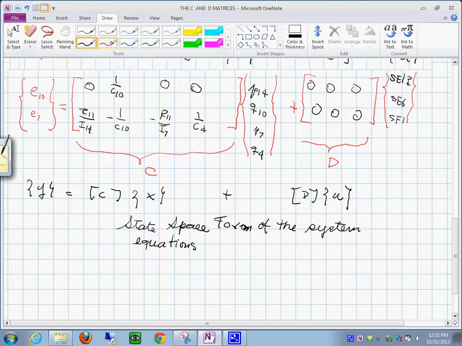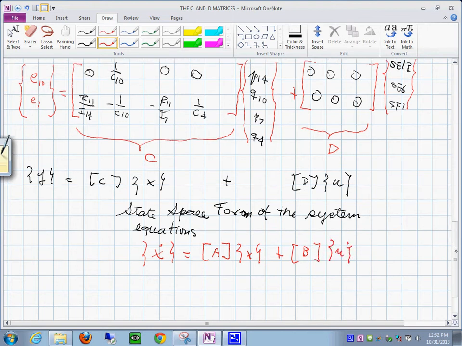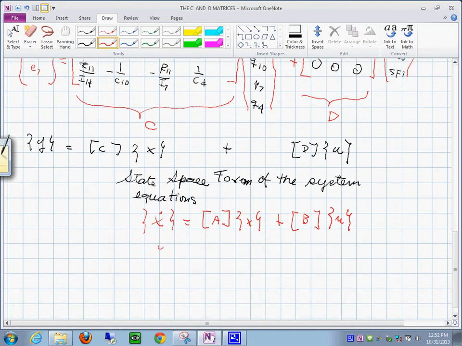So the state space form is always, and I want you to keep this in mind, x dot, the derivatives, equal to the matrix A times the state vector, plus the matrix B times the input vector U, and then to complete, Y is like this.